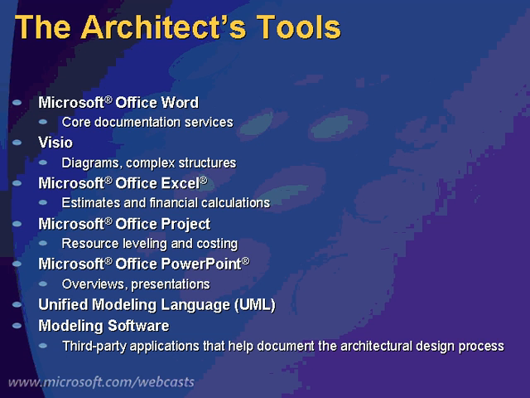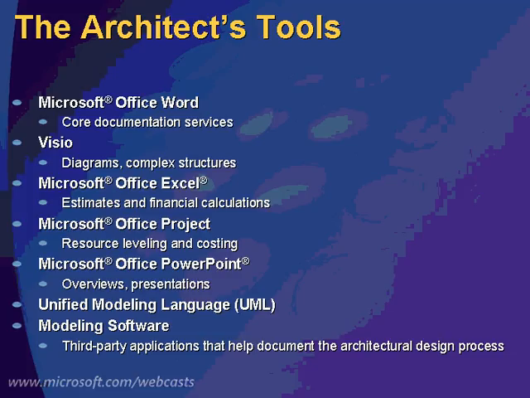So if you look at some of the architect's tools, the classic tools that an architect would use to help define in the early days of the project management lifecycle: the typical Office tools, Office Word, Visio for diagrams, Excel a lot of times for doing estimations and work plans. Project is a classic. PowerPoint is useful for conveying information to users and executive management.